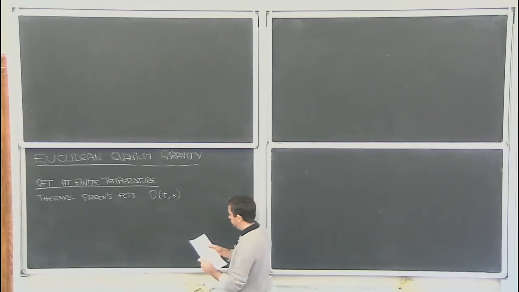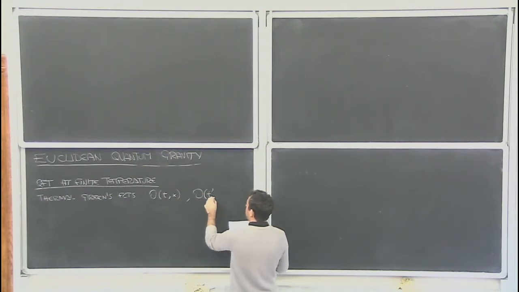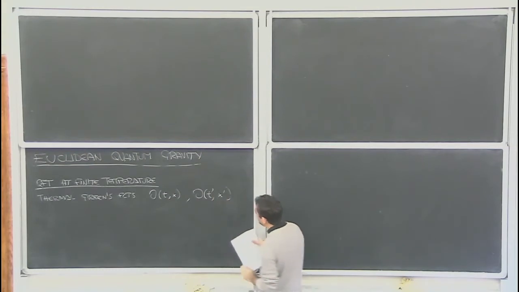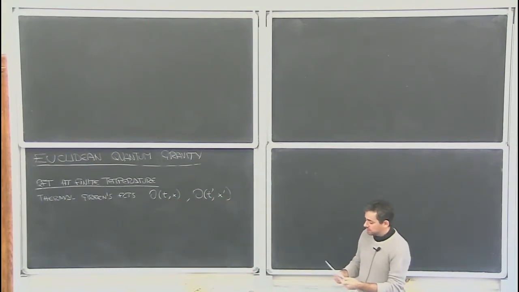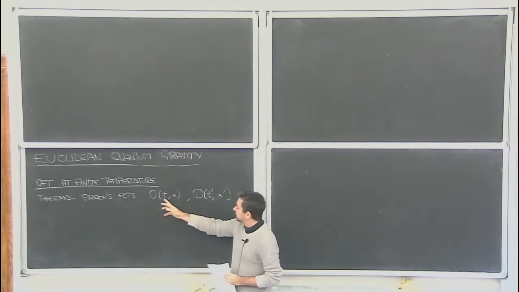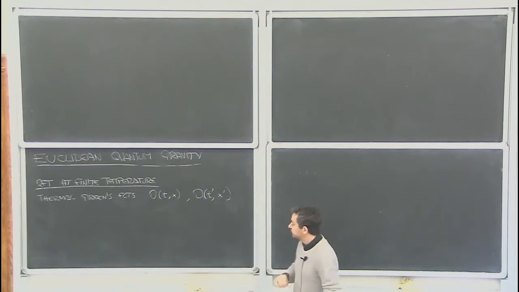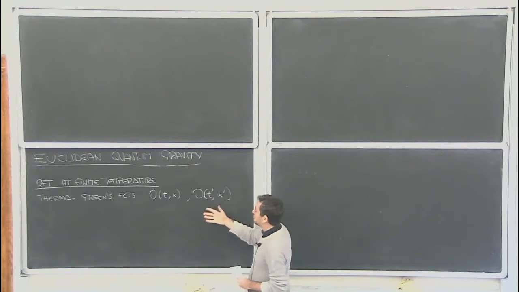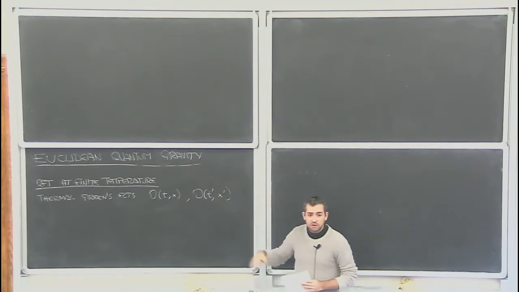So if we want to compute the Green's function between the same operator but evaluated at different points, (t, x) and (t', x'), well, since we have time translation invariance, the two-point function can only depend on the difference t minus t'. And therefore, we can choose, without loss of generality, to take t' equals 0.